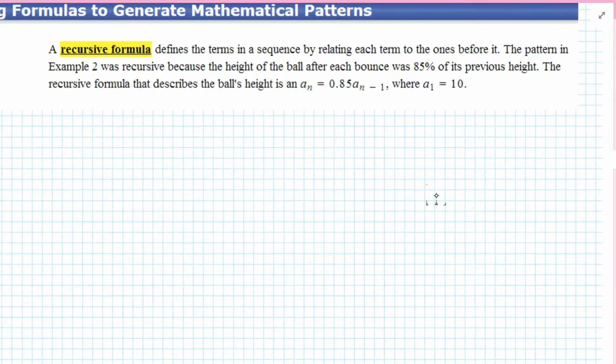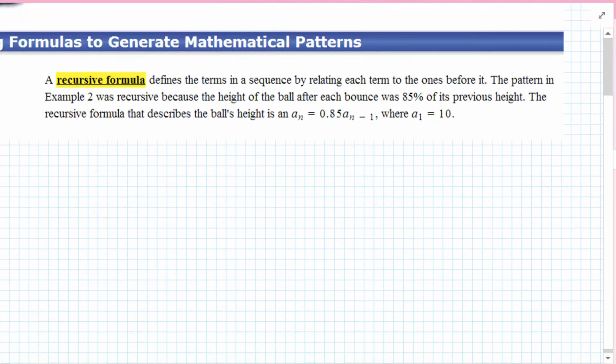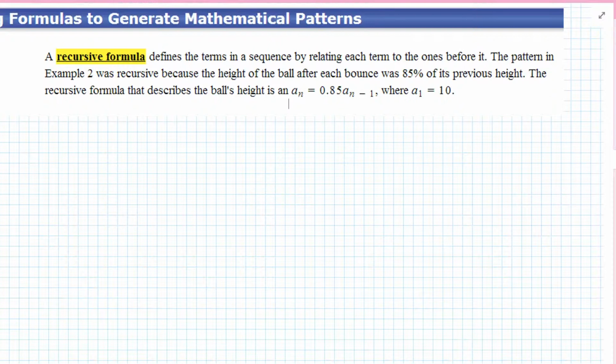Okay. Recursive formulas. A recursive formula defines the terms in a sequence by relating each term to the one before it. The pattern in example 2 was recursive because the height of the ball after each bounce was 85% of the previous height. The recursive formula describes the bounce as a n equals 0.85 times a n minus 1.